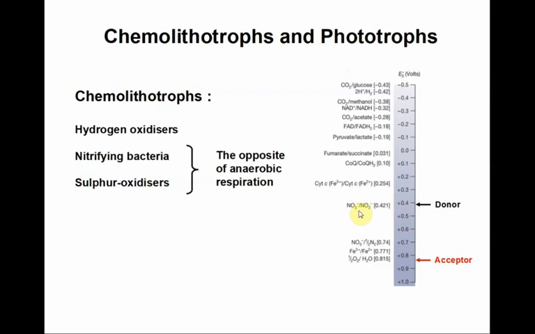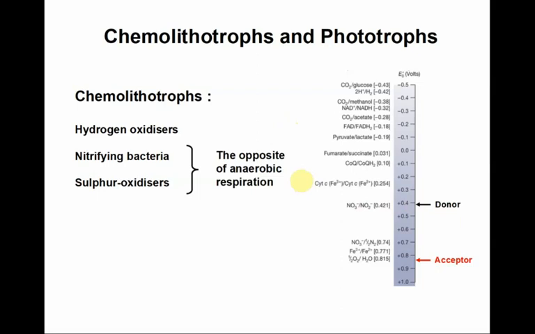Whereas in a chemolithoautotroph that generates energy from nitrogen oxidation, there are some bacteria that can live just by using nitrite as the electron donor and molecular oxygen as the electron acceptor. And this can work because molecular oxygen is such a good electron acceptor. Even something pathetic like nitrite to nitrate is like nothing.